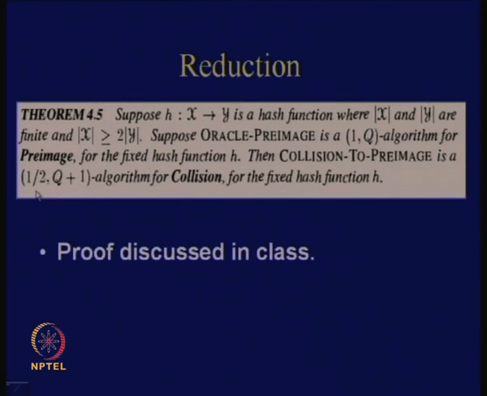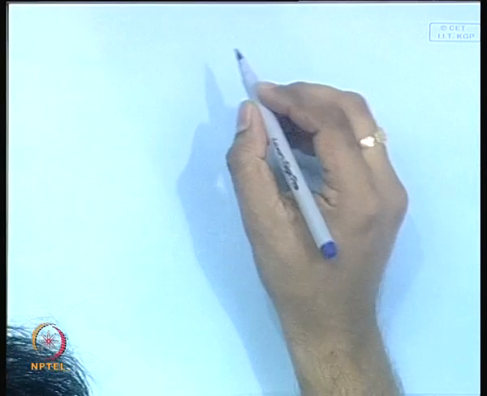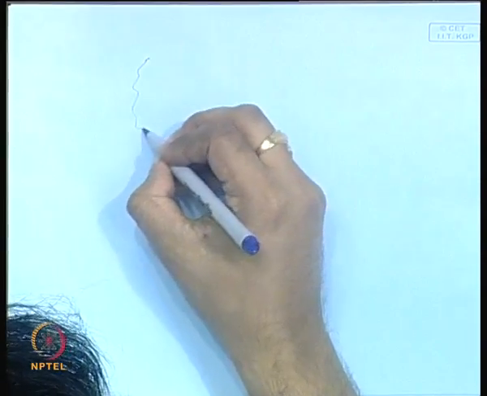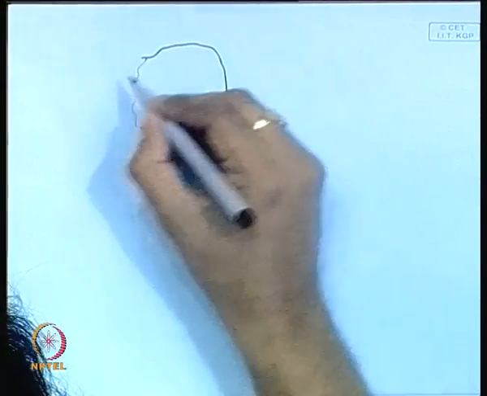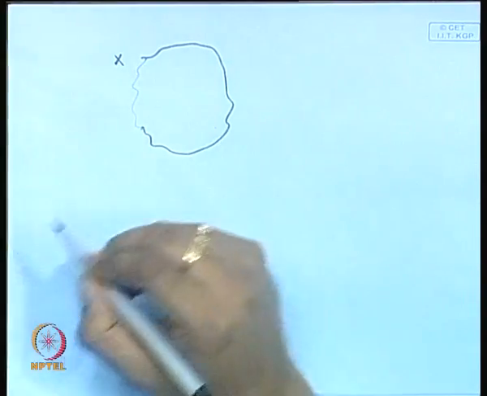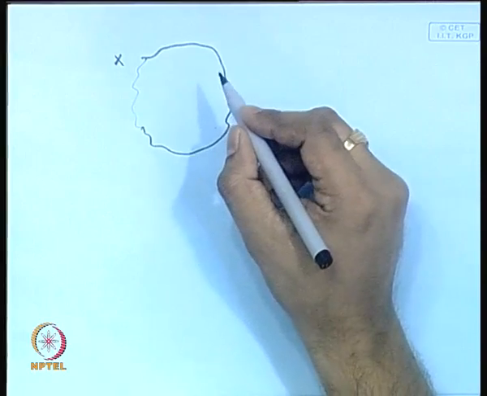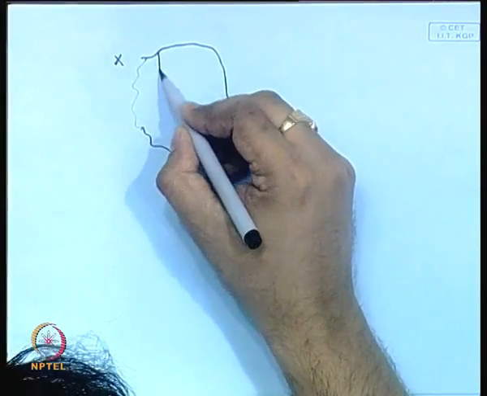In order to understand that, let us consider a proof. The proof works like this. Consider the space of x. Now we start partitioning this space.